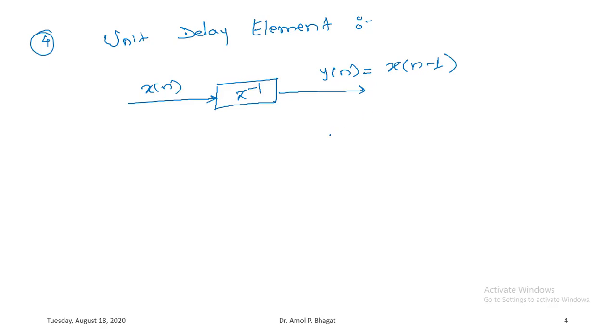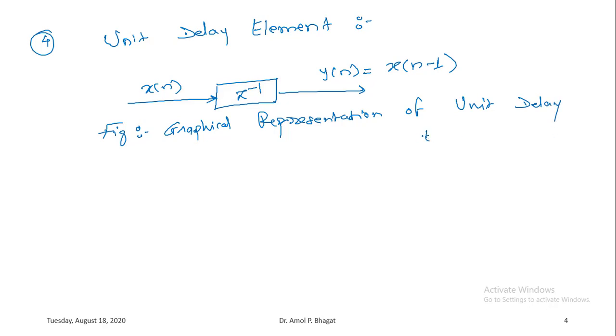So this is called the unit delay element, and this can be considered as the graphical representation of the unit delay element.